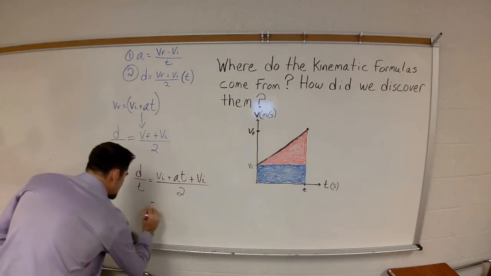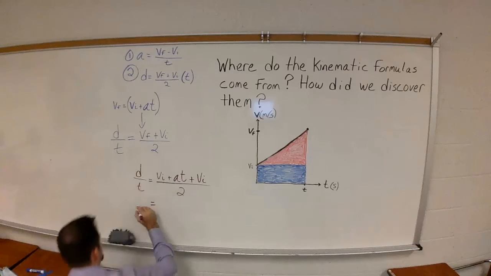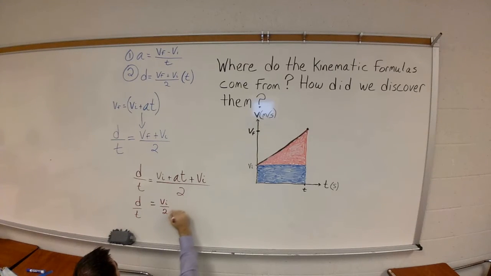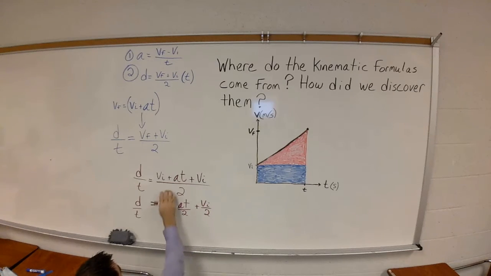Now I can separate these terms so that they're by themselves. Distance over time is equal to initial velocity over 2 plus acceleration times time over 2 plus initial velocity again over 2. So this is the same thing, just looks different.